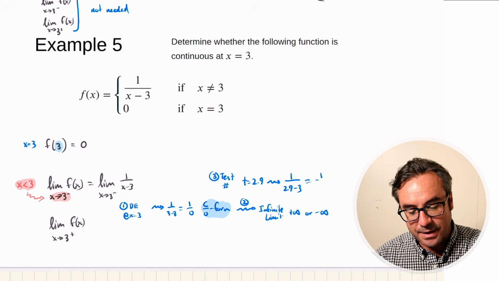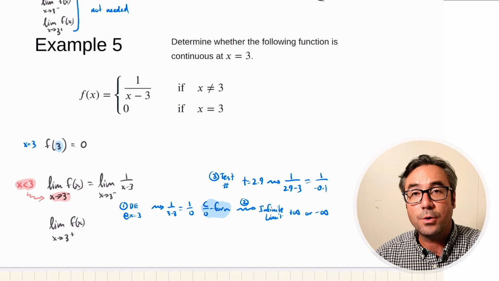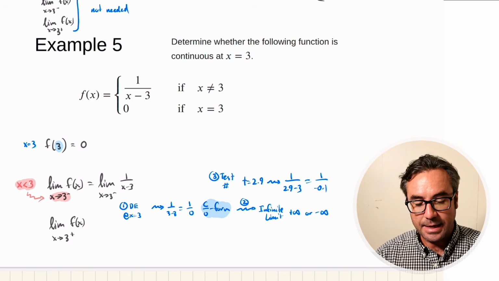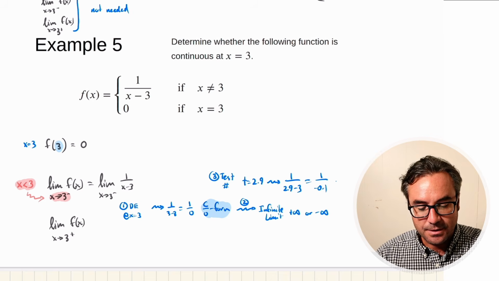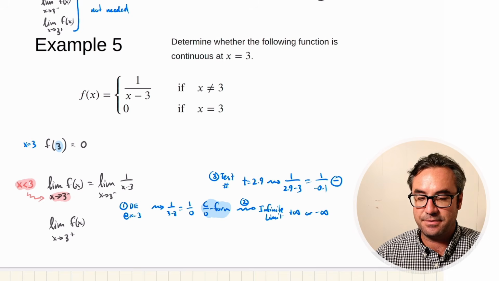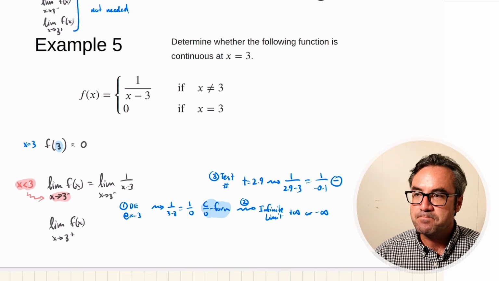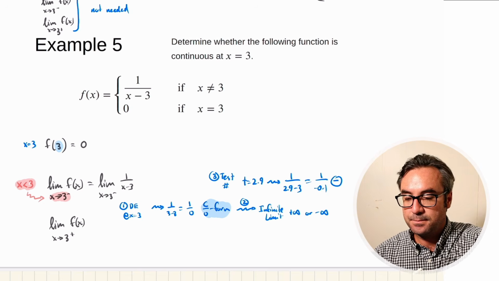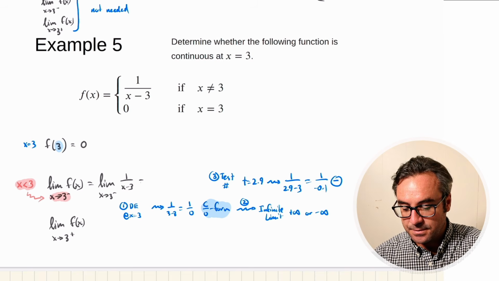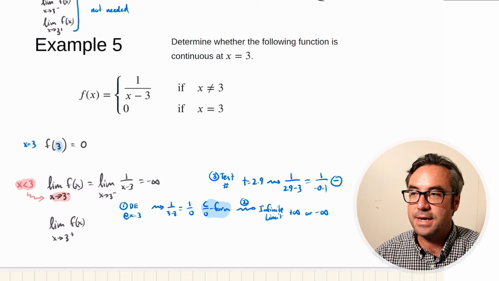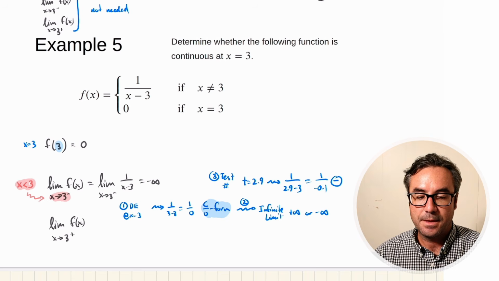And when we simplify, we end up with 1 over negative 0.1. And we don't really care what this number is, other than it's negative. So it's a positive number divided by a negative number. The result is negative. So that means negative infinity.